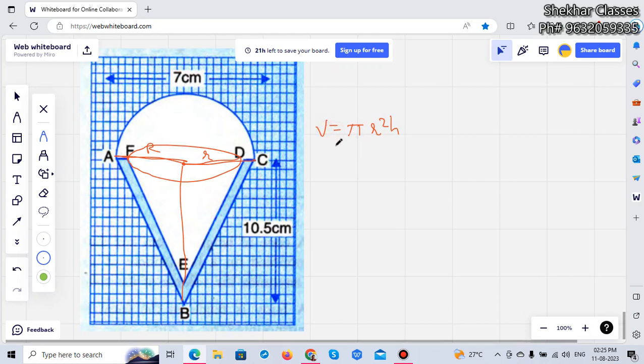Until here is h, until there is capital H. You will find the volume of ice cream in this particular cylinder. Then you take the capital R and find the volume of the hemisphere.